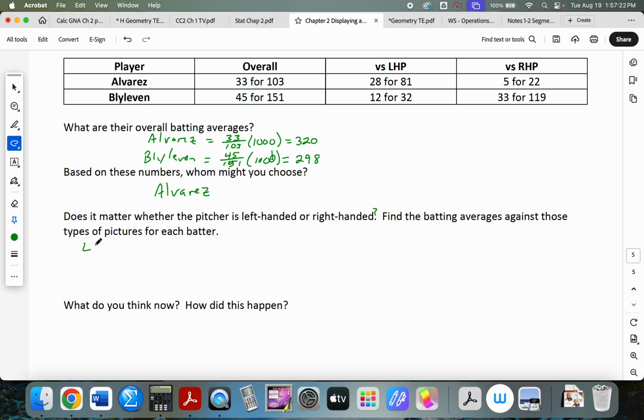So for LHP, that's left-handed pitcher, Alvarez's batting average is 28 for 81. He's hitting .346 if you round it.